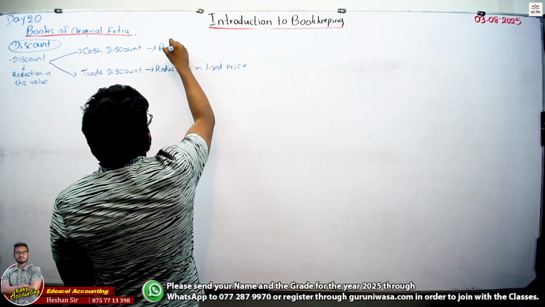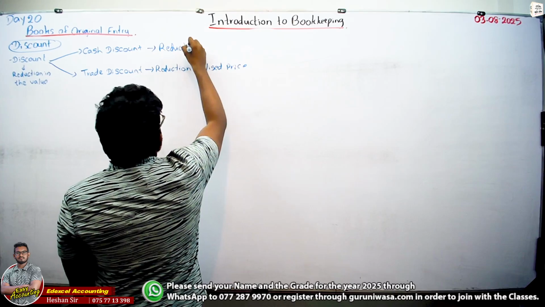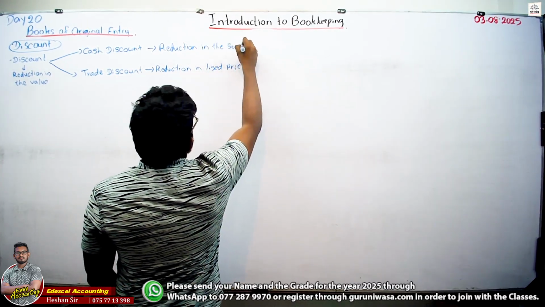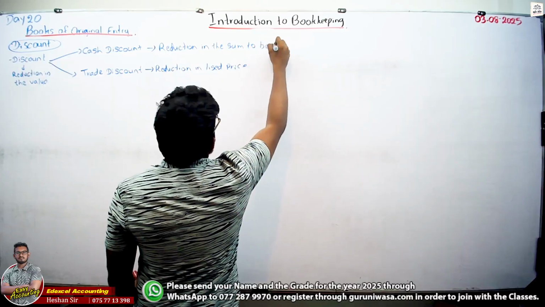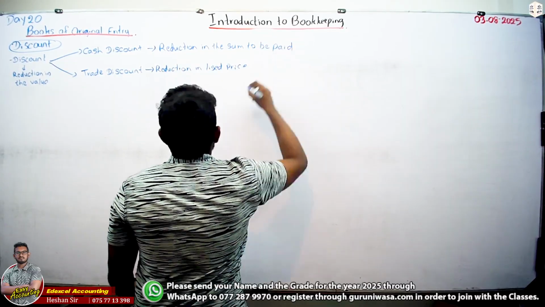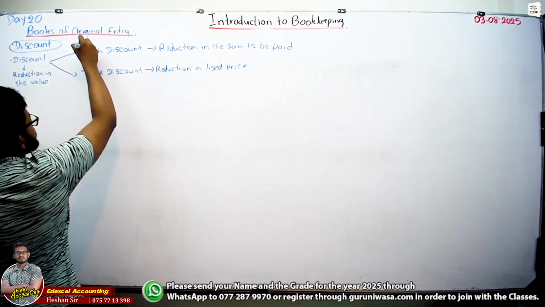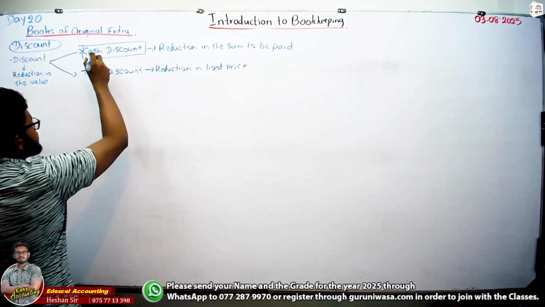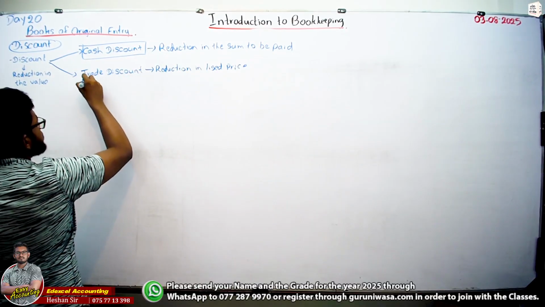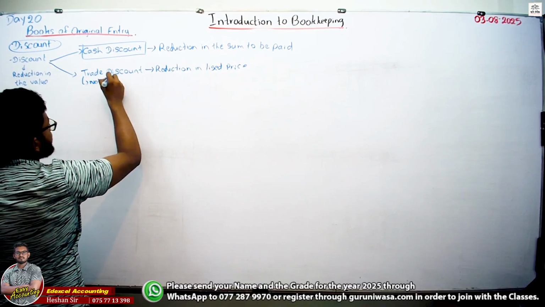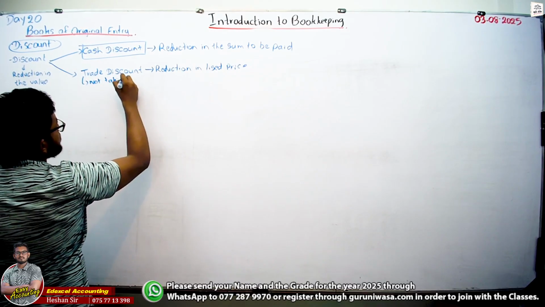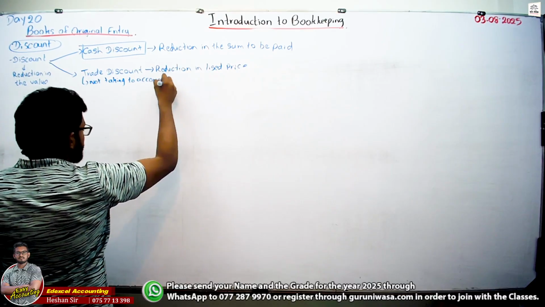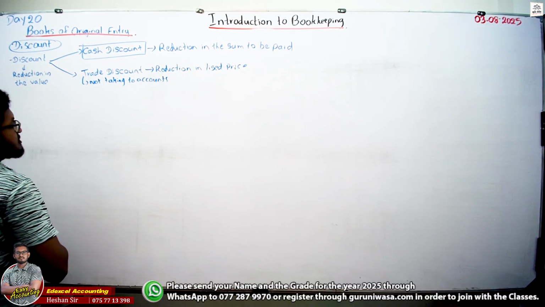So here we discuss only trade discounts, and just remember we discuss only cash discount separately. Trade discounts are not taken into account. I'll take an example like this.